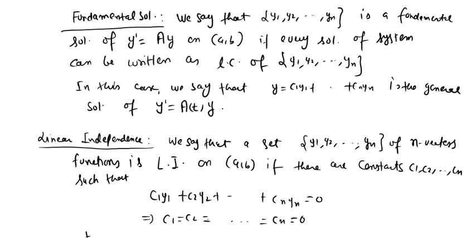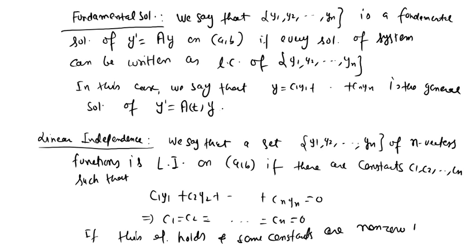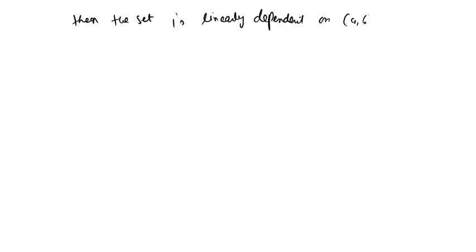And if this equation holds and some constants are non-zero, then we say that the given set is linearly dependent (LD) on that interval a b.